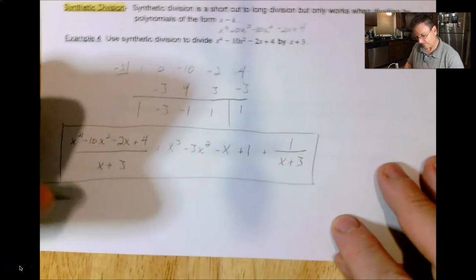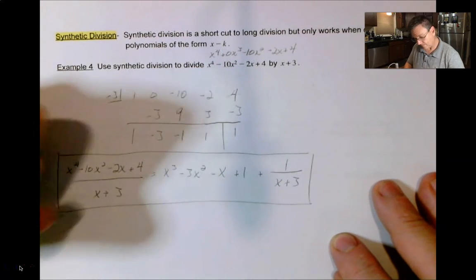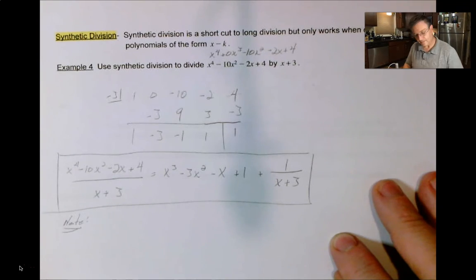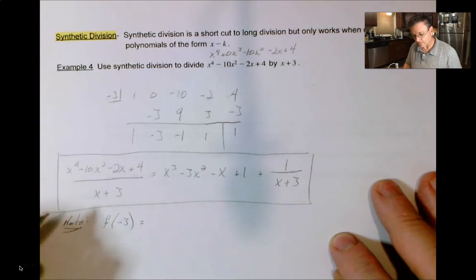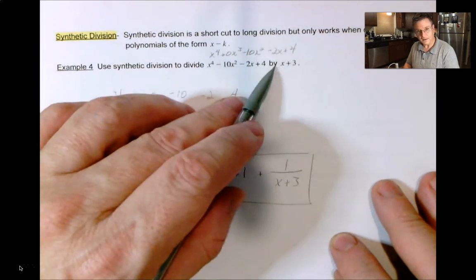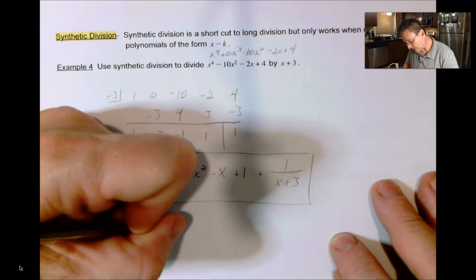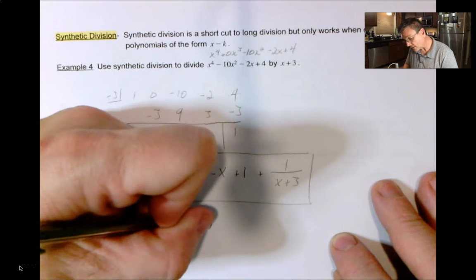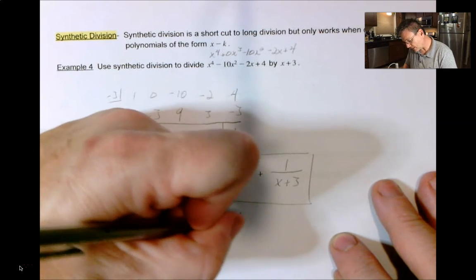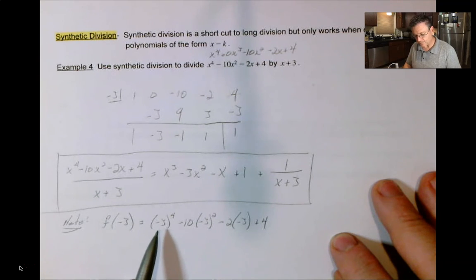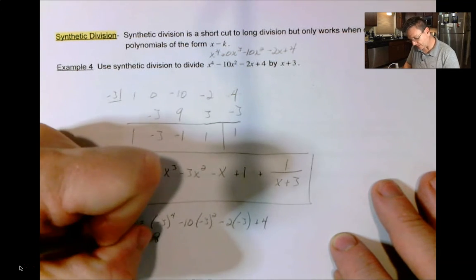Note: what is f of negative 3 in this function? So putting negative 3 into this function. Negative 3 to the 4th minus 10 times negative 3 squared minus 2 times negative 3 plus 4. Negative 3 to the 4th is positive 81.